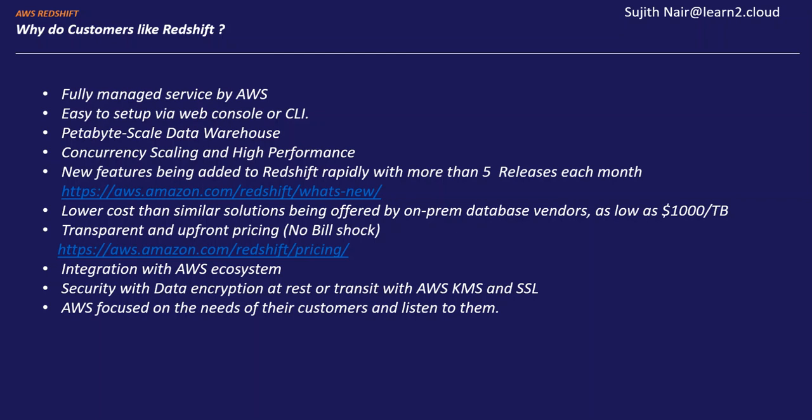The third reason is petabyte scale data warehouse. Now, what used to happen in the past is that because data warehouses were so expensive, and enterprise software vendors would charge extreme amounts of money for storing data and for their software, companies had to make choices many times, like how individuals make choices, what data they wanted to store and what data they did not want to store. So many times what they used to do is that because the cost of storing a particular kind of data would be too high, they would just choose not to store that data.